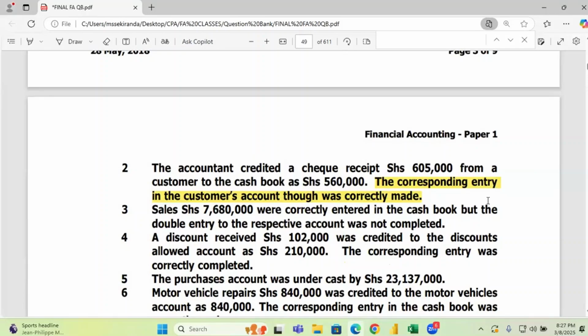Very good. So what did they do here in the cash book? They understated the amount in the cash book. What error was committed in the cash book? Arithmetic error? Is it? I want you to tell me they did this instead of doing this.